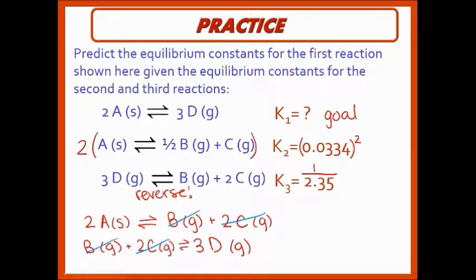So now that we've verified that our modifications are correct, we need to actually calculate K1, so the equilibrium constant for that goal equation. And in order to do this, we're going to take the equilibrium constants after we manipulated them and multiply them together. Because remember that if you add chemical equations, you actually need to multiply the equilibrium constants of the corresponding reactions.